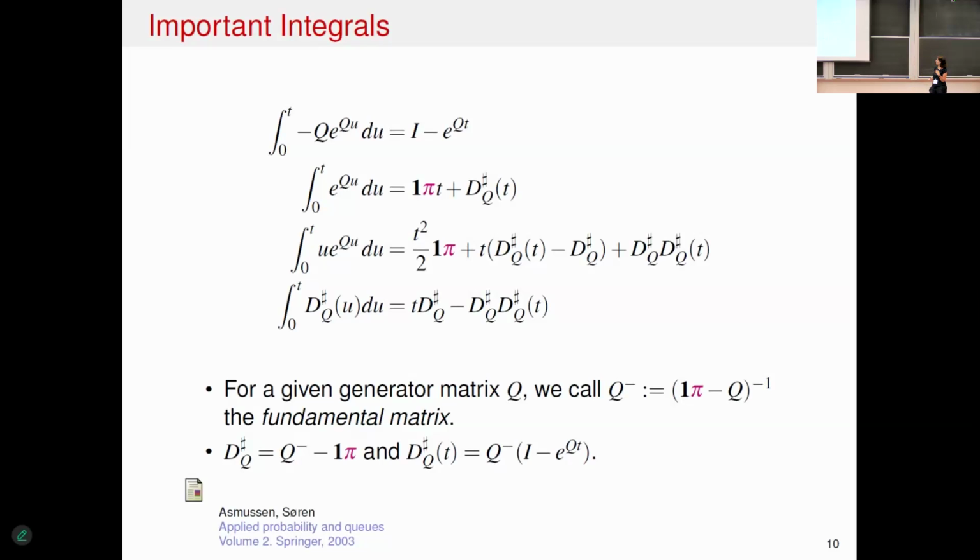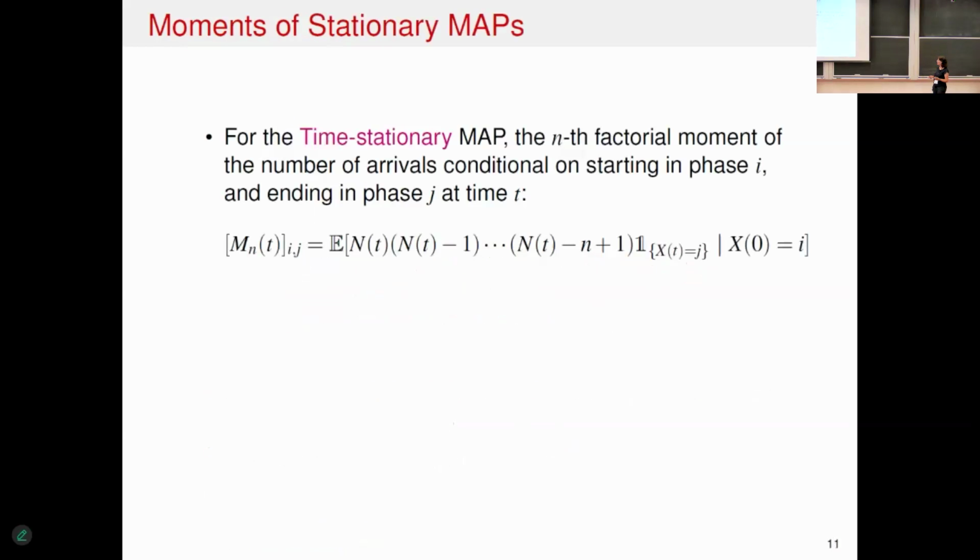I was excited because Asmussen is a very big name, but I found a typo in the book, and that was the reason I had a mistake in my calculation. The typo was related to this integral, and it was the motivation, as I told you, to do all the calculations for myself.